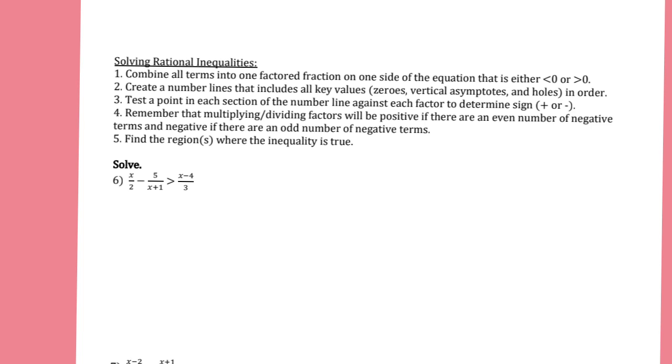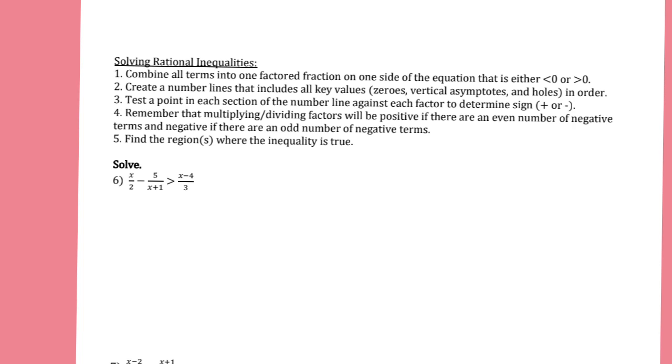There are a couple ways to do this. If you Google this problem, I'm going to teach it pretty straightforwardly: try the points within each region. Some of the regions will be yeses, some will be nos, and we're going to find the ones that are yeses. So get everything to one side, make it into a single fraction, and factor it.